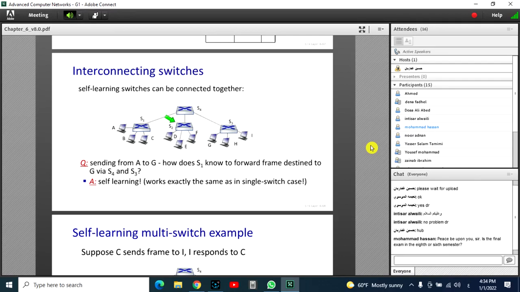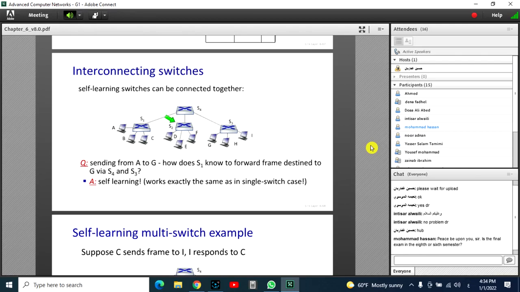What does it mean? It means that instead of using one single big switch, I can use several smaller switches, and then I can connect them together at a higher level. Why?